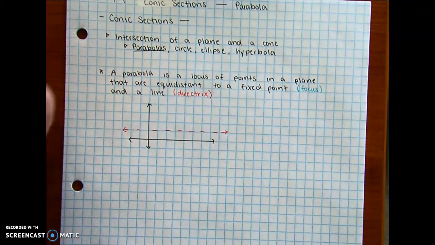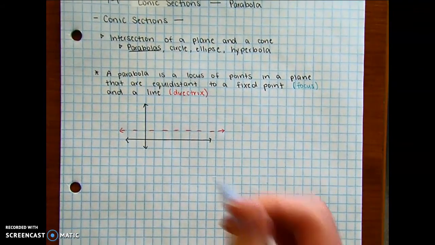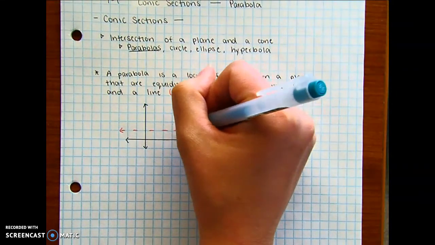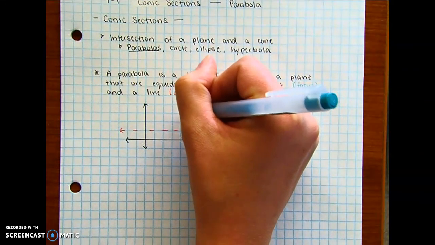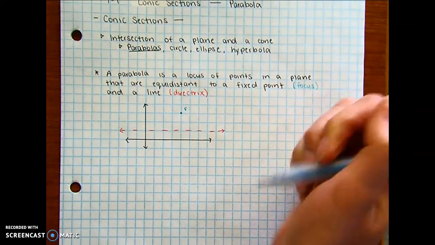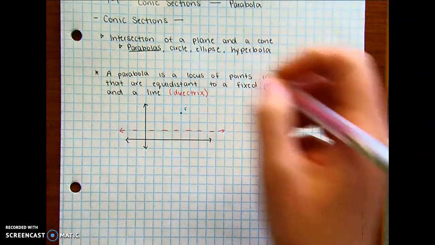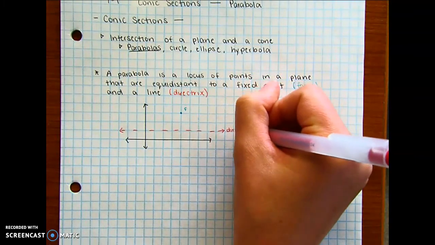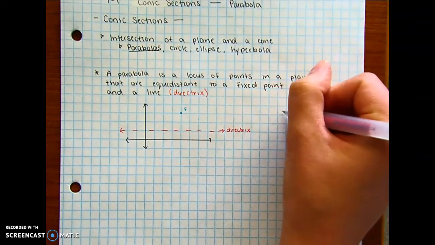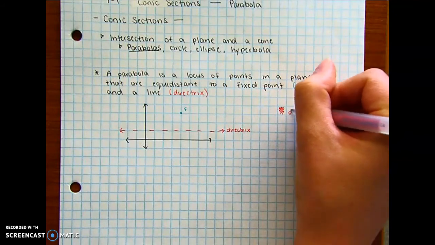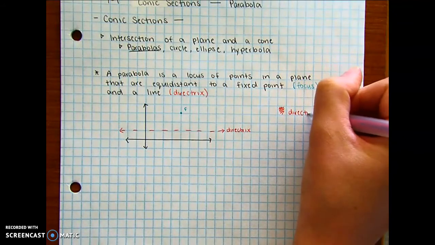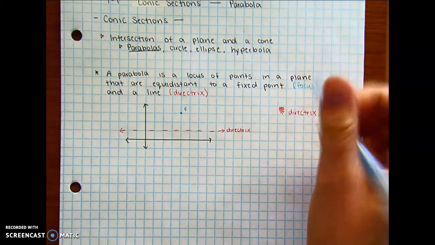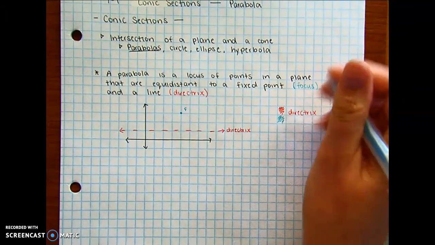It doesn't always end up being horizontal. Then I'd like us to make a point 2 above, and we're going to label that F. So in red, this is the directrix, and this is our focus that I did in light blue.